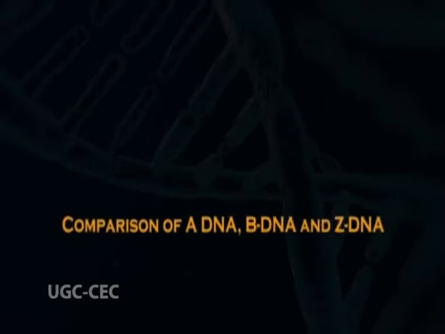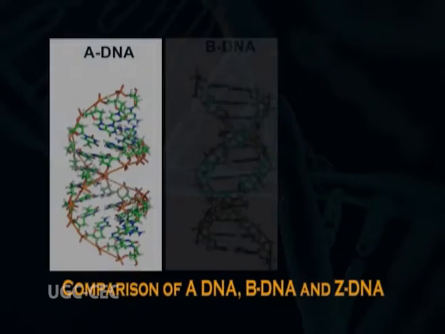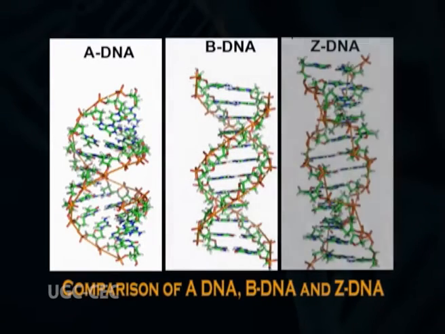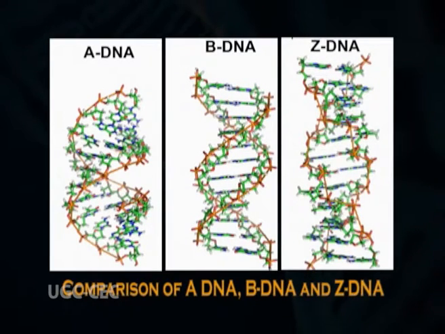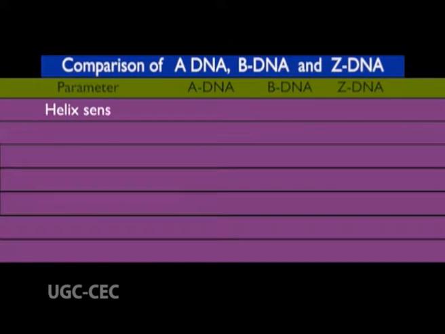Now let us come to the comparison of A DNA, B DNA and Z DNA. Helix sense. A DNA has right-handed helix sense, B DNA has right-handed helix sense and Z DNA has left-handed helix sense. Second parameter is residues per turn.